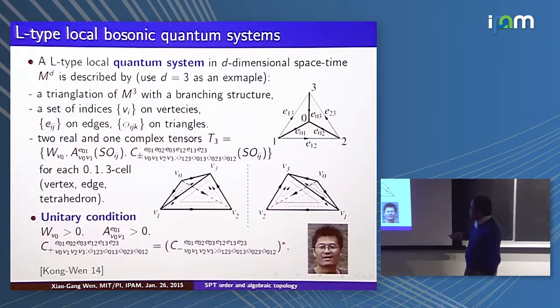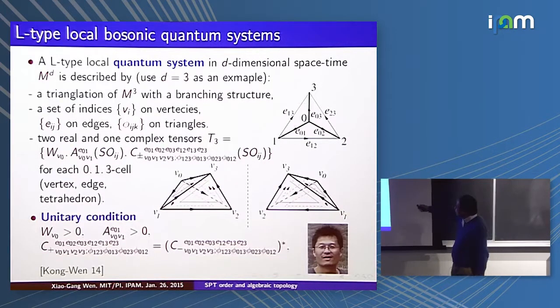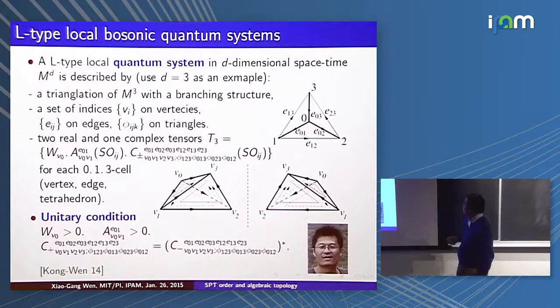And there's a subtlety: this triangulation has a so-called branching structure. The branching structure basically means that on every edge you have an arrow, but on every triangle the arrows are frustrated. Basically, we don't have a loop of arrows. So that's the branching structure.